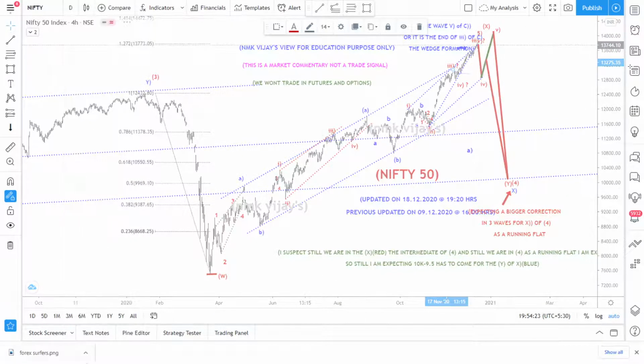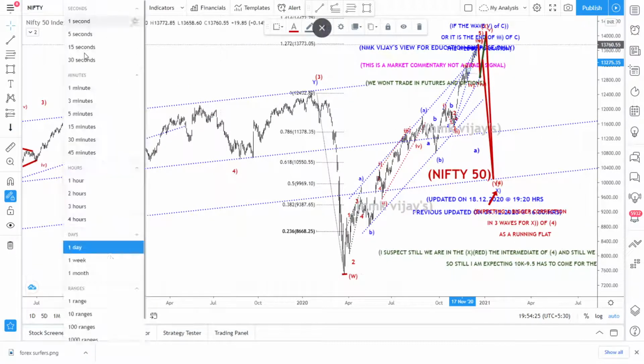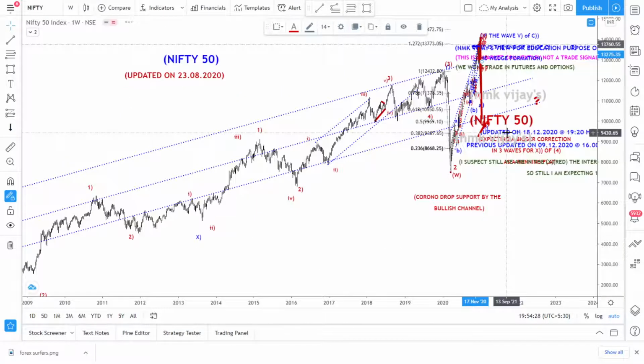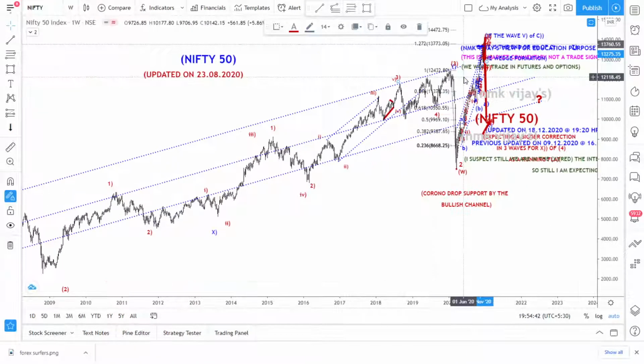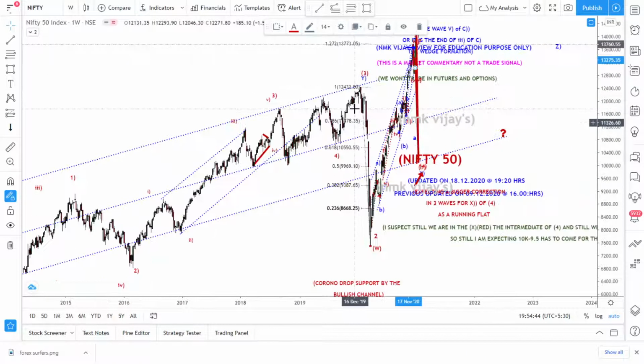In that case, in the weekly chart, here is a 1, 2, and here is a small 1, 2, 3, 4, and the fifth wave got extended here. So 1, 2, 3, I took this as a 4.